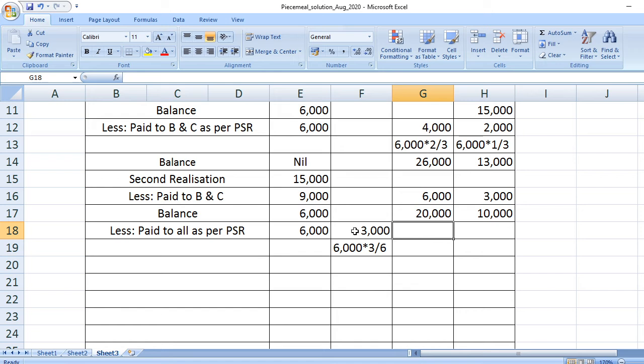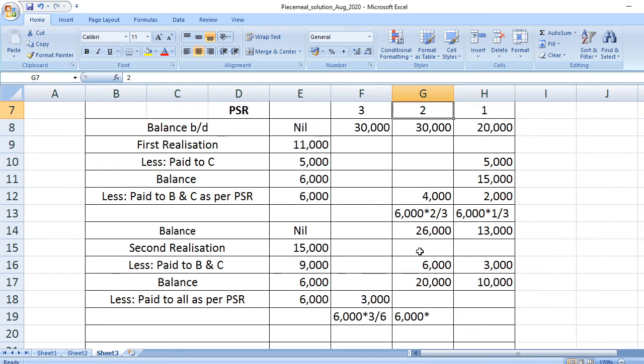Then after that, B's share from this 6,000 that we have to find out. 6,000 into his profit sharing ratio 2 divided by 6. How much will be the share of B?